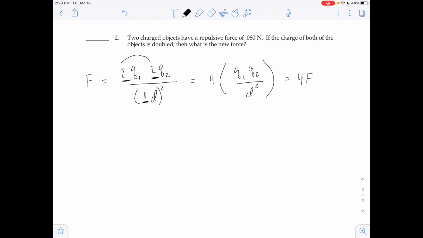And so the amount of force for that new force is 4 times the old force. So this new force is going to be 4 times 0.08 newtons. And so we're going to end up with a force of 0.32 newtons. So that's our answer here. So we quadrupled the amount of force.